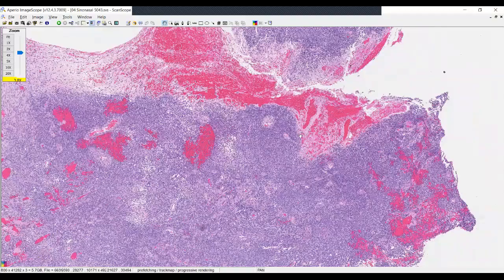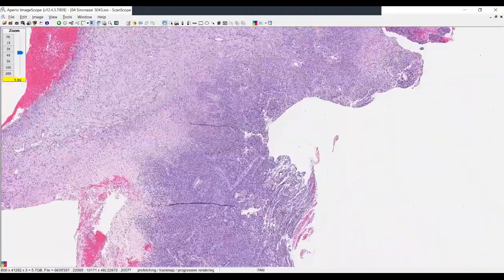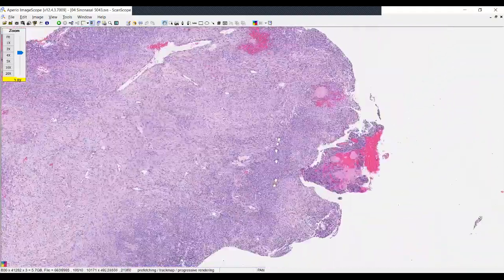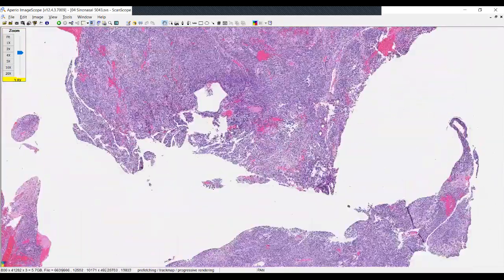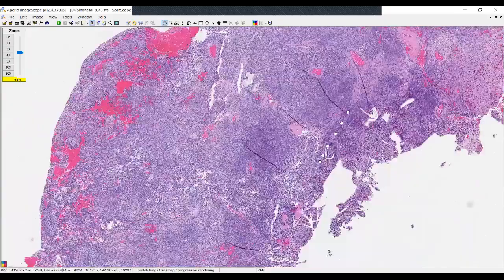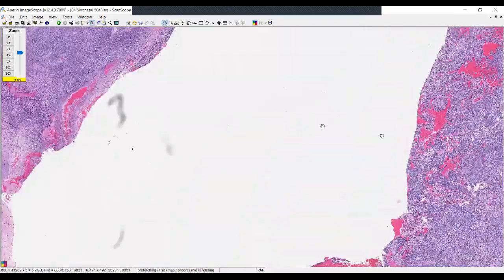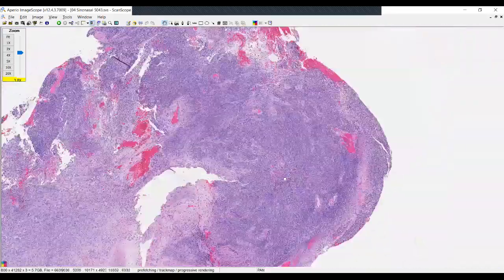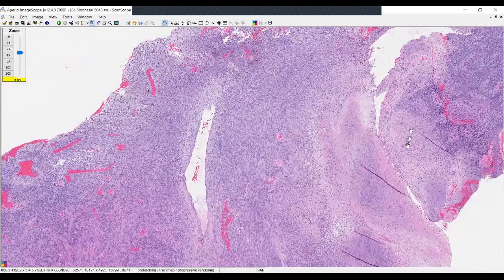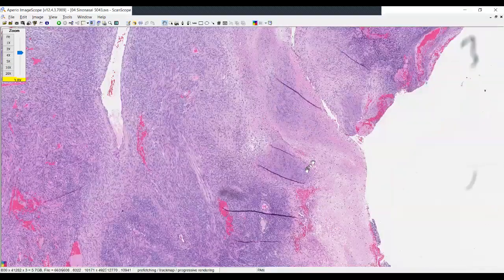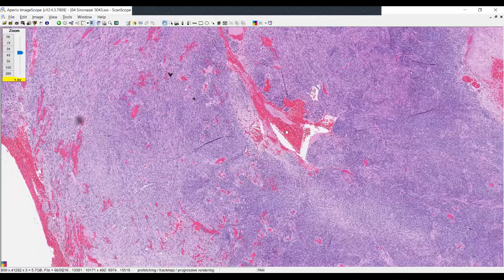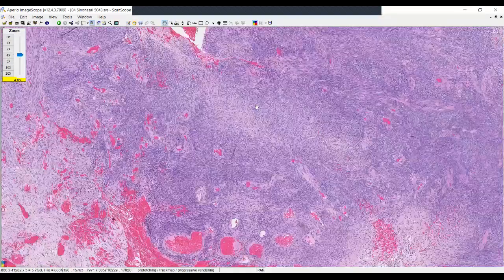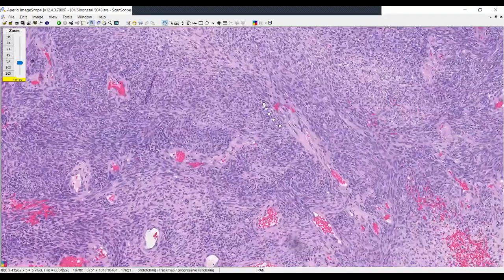Now, I do, as I said previously, try to look at the periphery of the lesion to see, is there any surface epithelium? As I go around to each of these fragments, there really is not a lot of surface epithelium present in the tissue. There are areas of ulceration of the surface, as you can see here, that kind of go into the underlying tissue. So let's look at this on slightly higher power.